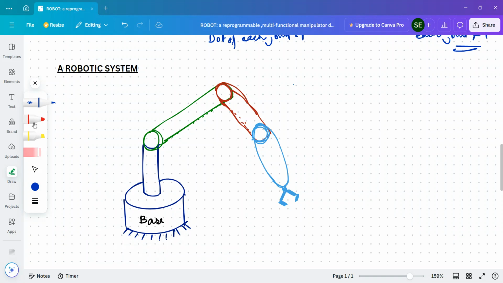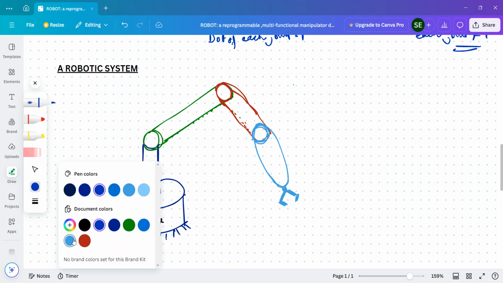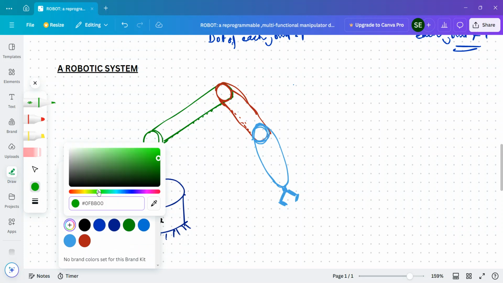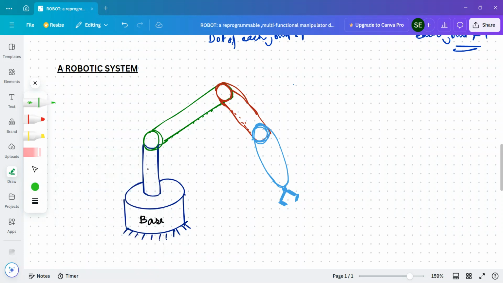Let me tell you, this is link 1. I will write this with a different color. This is link 1. Okay, this is link 2. This is link 3.